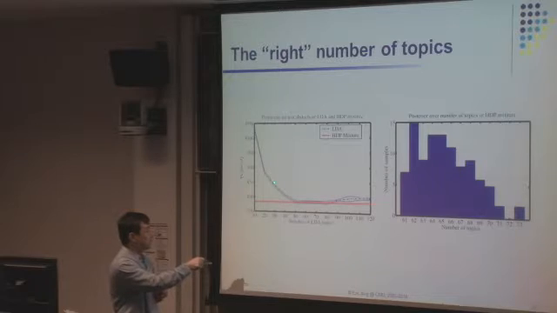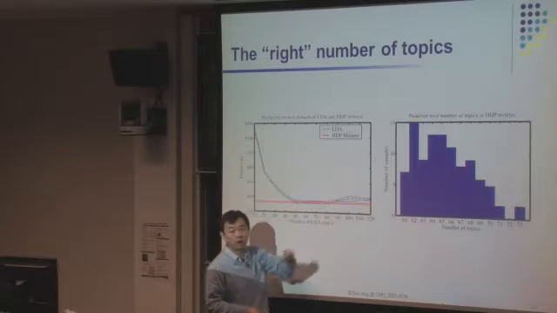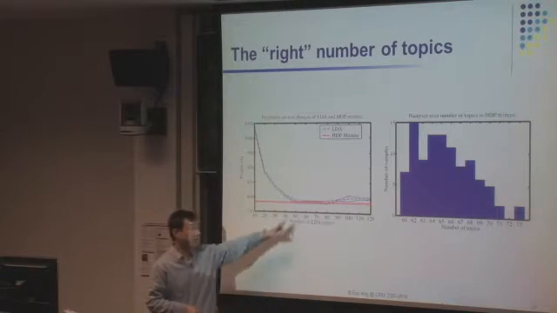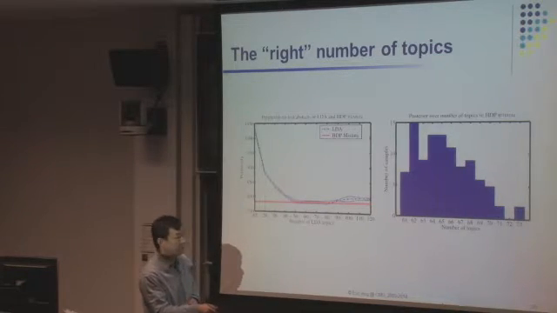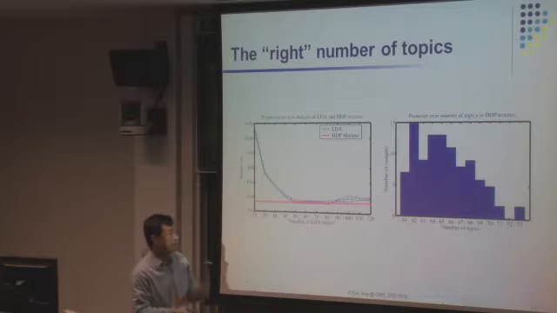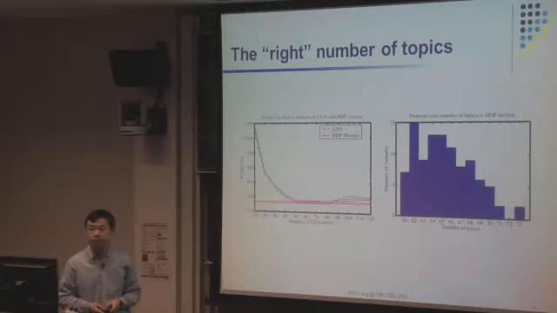And people thus see that this Dirichlet process gives you a flexible way of exploring the whole range of different numbers of topics and finding the most likely setup for the model complexity. And that kind of gives you a way to determine what is the right number of topics, at least from the likelihood sense.